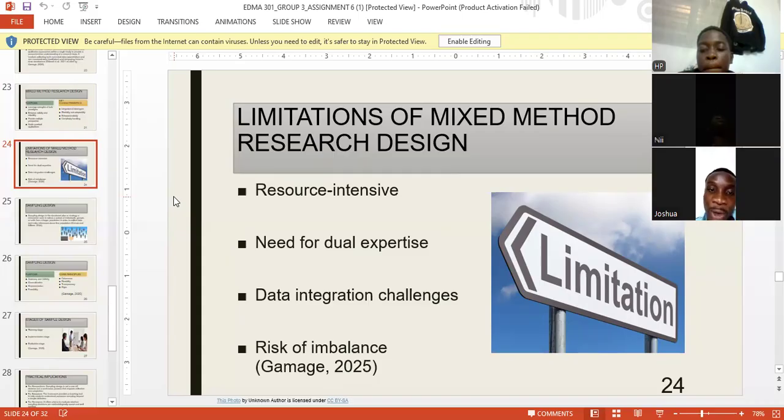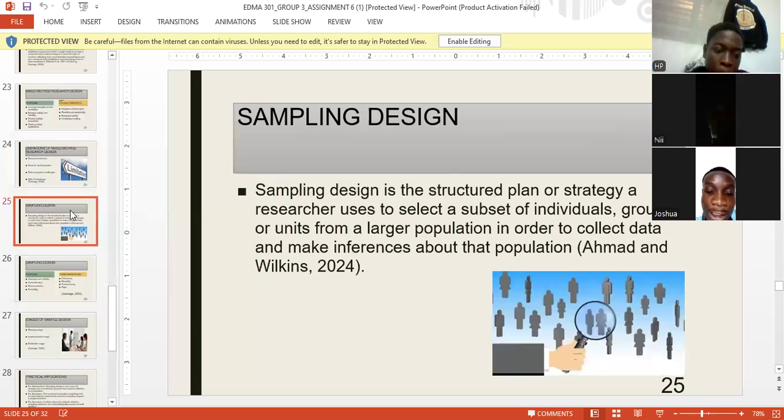There might be a risk of one approach overshadowing the other if not carefully balanced. So here we are talking about them being on an equal scale; they have to be independent, on an equal balance. So let's move on to the next slide.